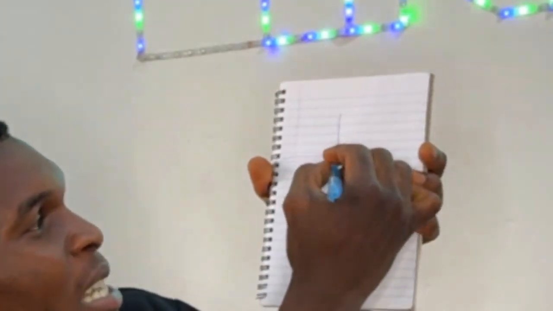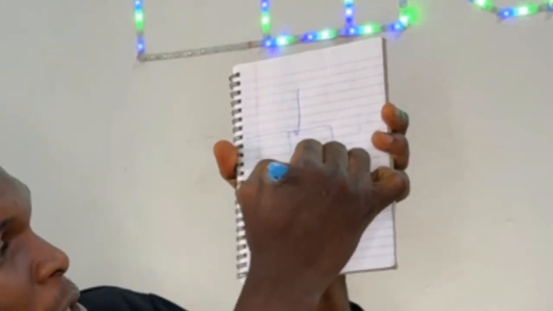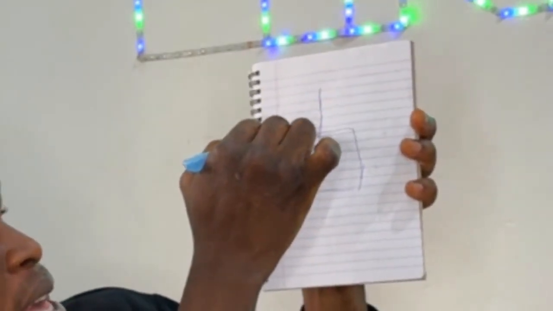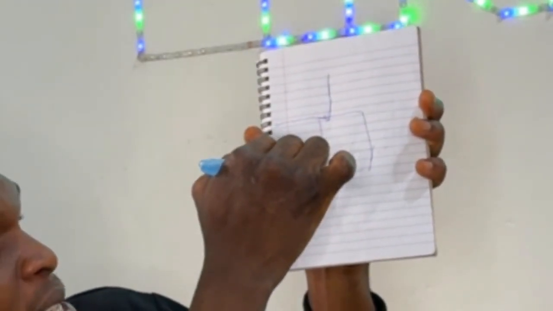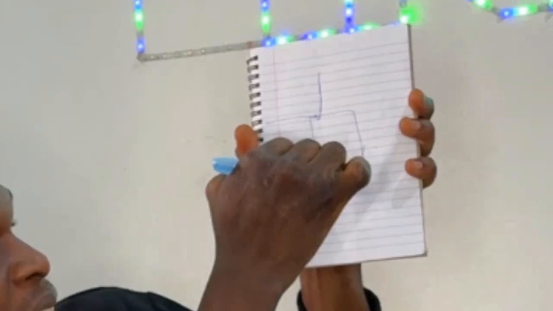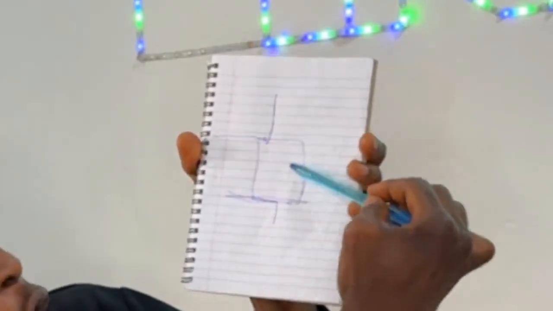Then from there, the market creates a body. The market opened here, went up, came down, and at a particular point it will go back up, then close on this side. So we call this the wick, and we call this the body. Don't mind my drawing, come on, guys.